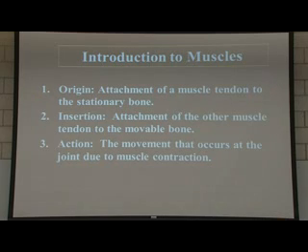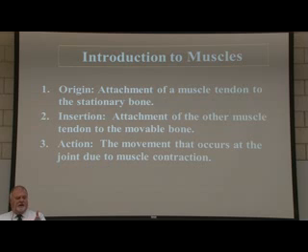So yesterday in lab, we began to think about the idea of the fact that muscles span between bones, and the muscle has a tendon on one bone and a tendon on the other bone. So what we've actually done is use the idea of an origin and an insertion to describe the tendons that attach the bones.